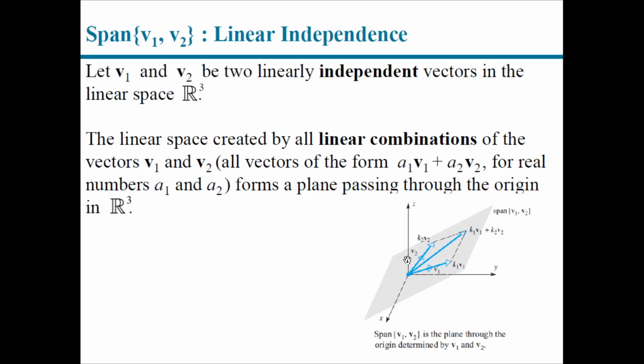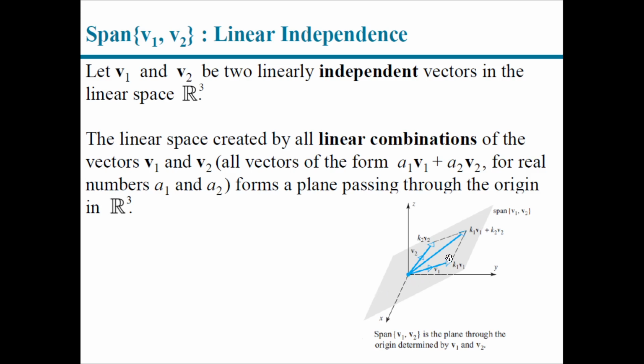Here we have two vectors in R3, v1 and v2, and they are linearly independent. So they are not scalar multiples of each other. That's what it means. So a linear space created by all linear combinations of vectors v1 and v2 is a plane passing through the origin, vector (0, 0, 0).